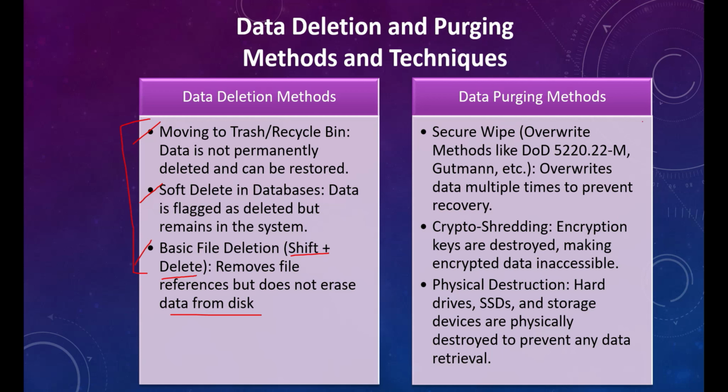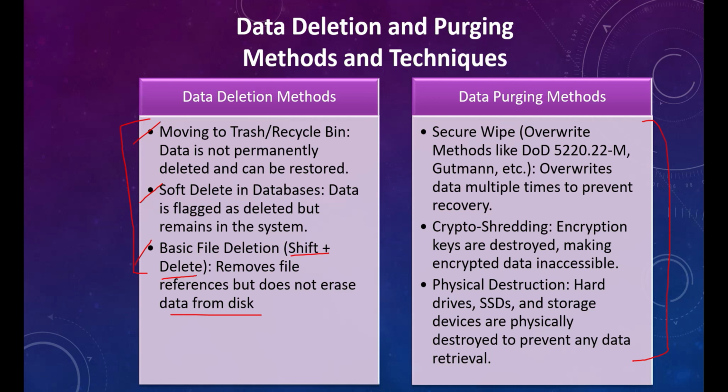But when it comes to purging, it is a little bit more complicated. So how do you purge the data? Purging should ensure the data is completely gone from the disk. For example, there are secure wipes, which use overwrite methods like DoD 5220.22-M, Gutmann, etc. These methods overwrite the data multiple times to prevent recovery.